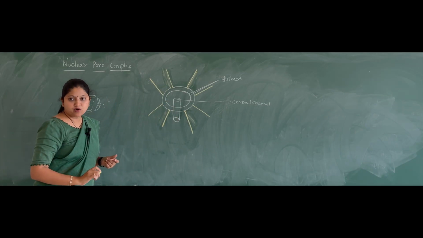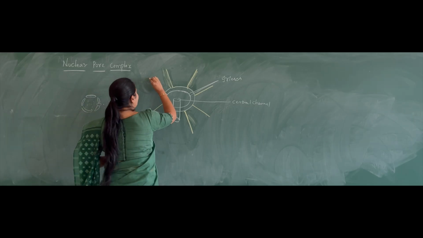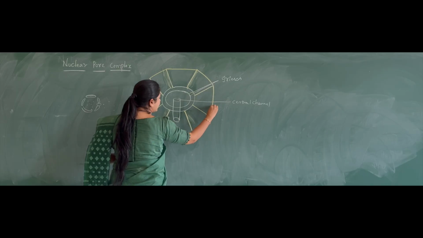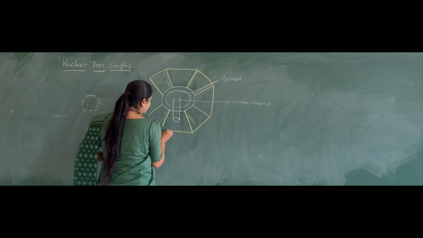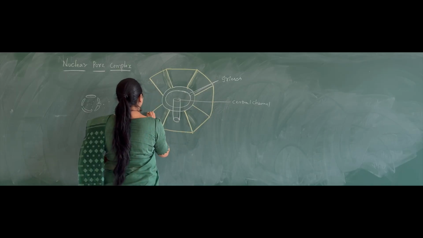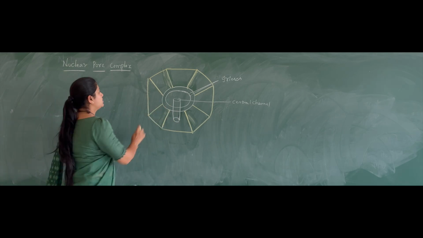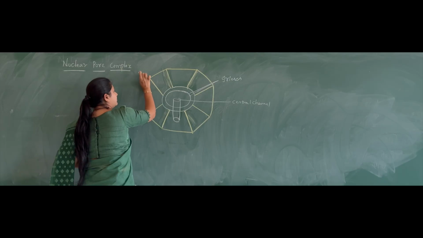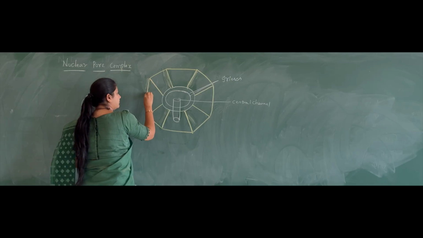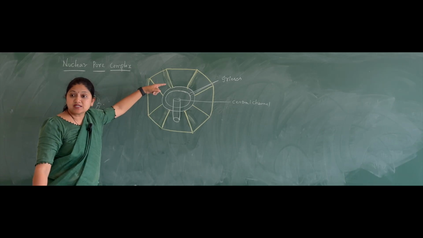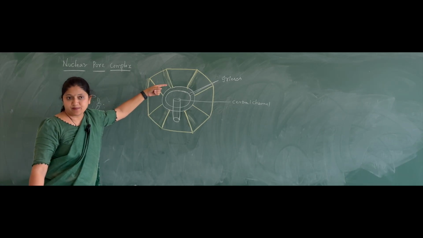So 8 spokes. These 8 spokes are joined by an octagonal ring-like structure. An octagonal ring. This octagonal ring is present on the side of the cytoplasm.